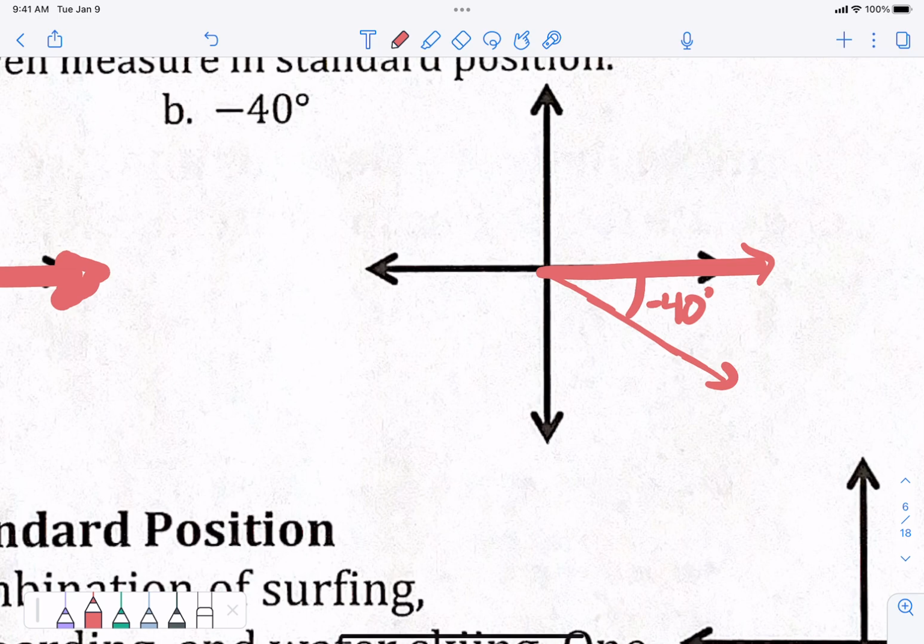I love that. Yes, that's very, very good. Okay. All right, good. Negative angles are clockwise. Yes?